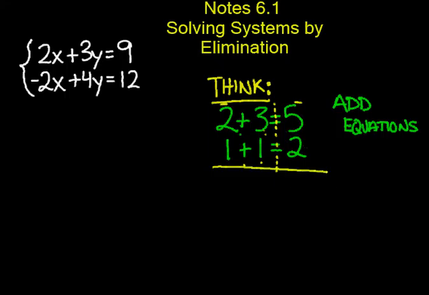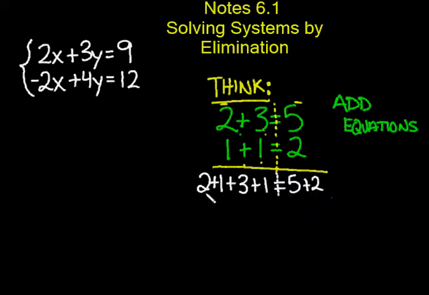If I just add up all the stuff on the left-hand side, there's a 2 plus a 1 plus a 3 plus a 1, and on the right I'm going to add 5 and 2. We'll see if this still makes sense.